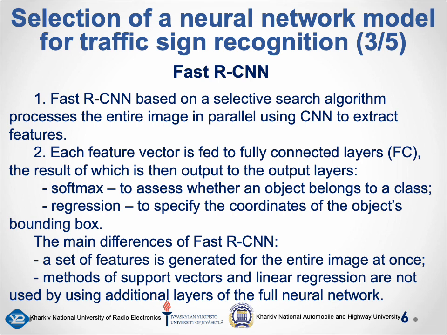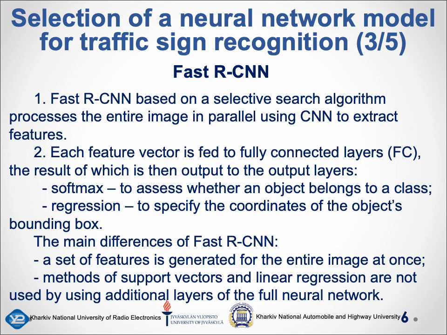Fast RCNN and its features. There are two features. First, Fast RCNN based on the selective search algorithm processes the entry image in parallel using CNN to extract features. And second, each feature vector is fed to fully connected layers FC, the result of which is then output to output layers.